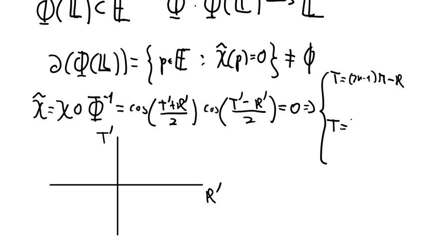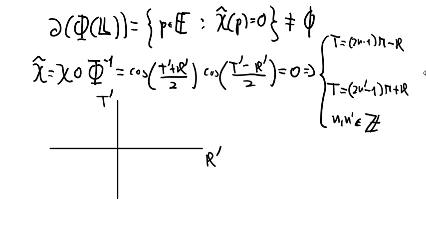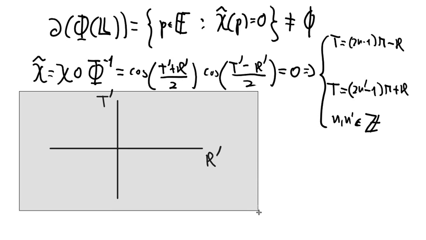We have actually two sets of solutions, where n and n prime are just integer numbers. So these are straight lines. I'm just going to draw this set of straight lines in the diagram.